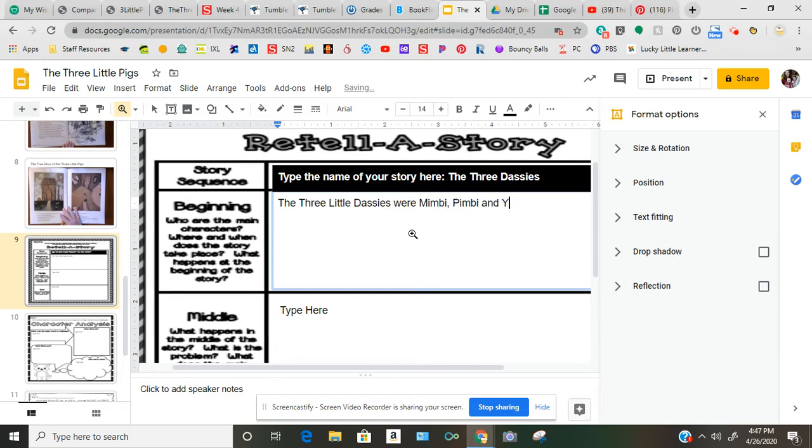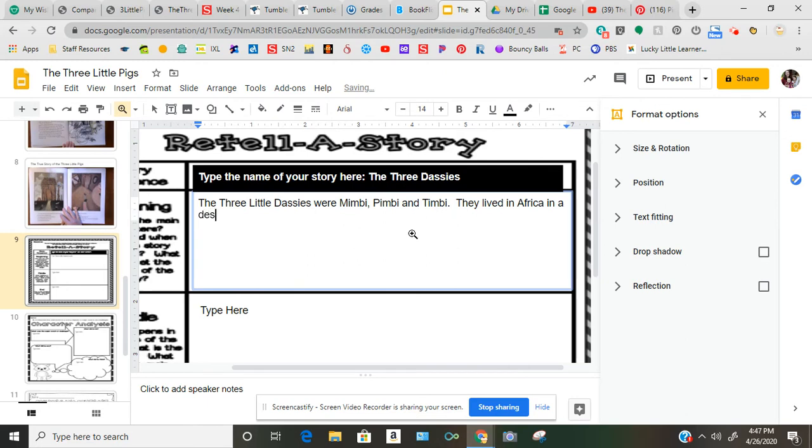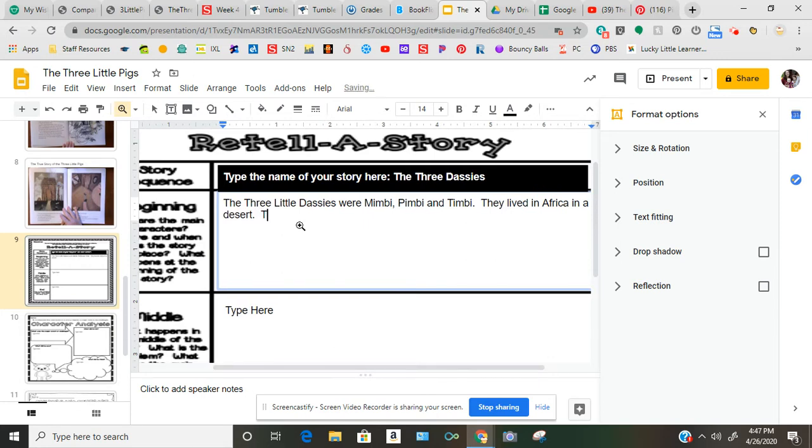They lived in Africa in a desert. I just said the main characters and where the story takes place. What happens at the beginning of the story? They left home to go find places of their own to live.